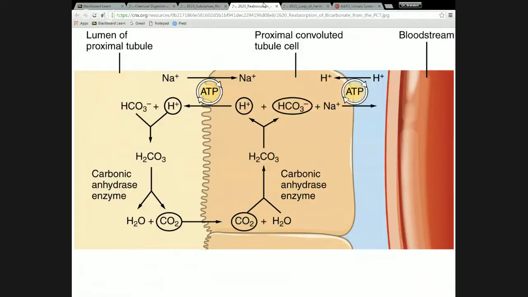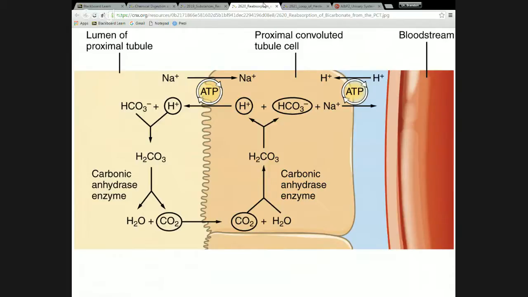So this is just an overview of where these reactions take place, but they're tied to how the nephrons, specifically in the proximal convoluted tubules, will help regulate pH.